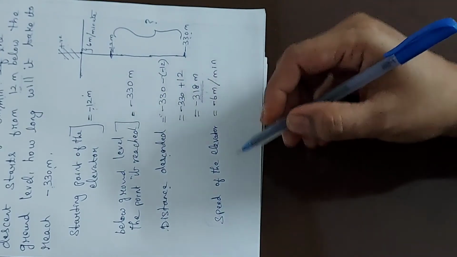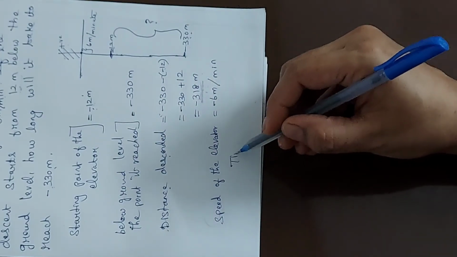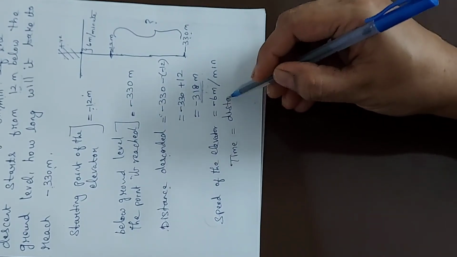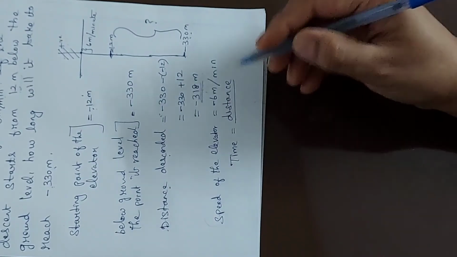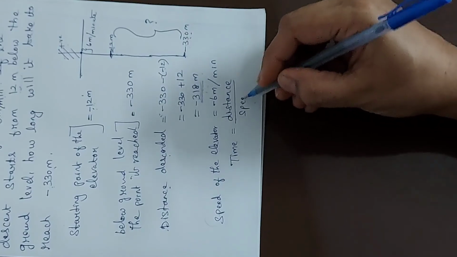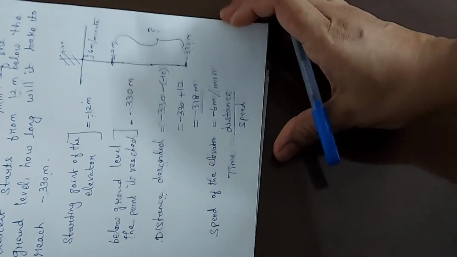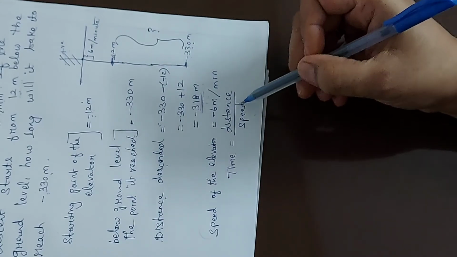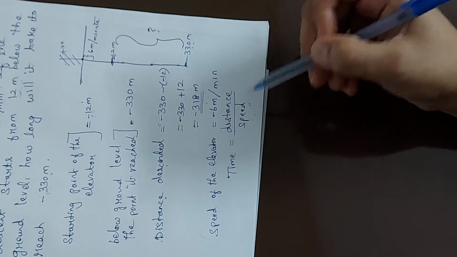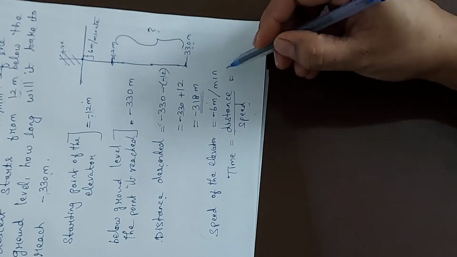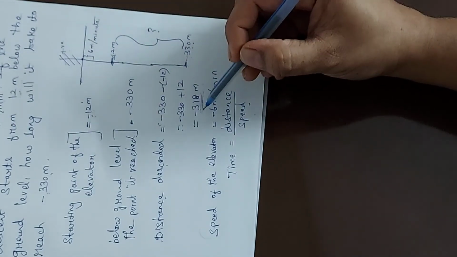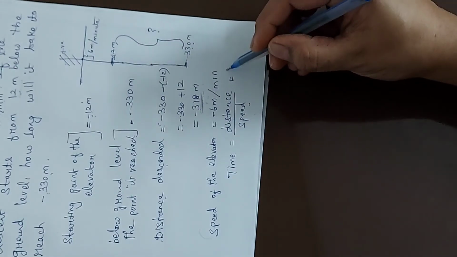Okay, so we have to calculate the time now. So what is the time? I think you know the formula. Time is equal to distance by speed, right? How much distance is covered, divided by the speed of the elevator. Now it has covered the distance from 12 to 330, we have found minus 318, right?